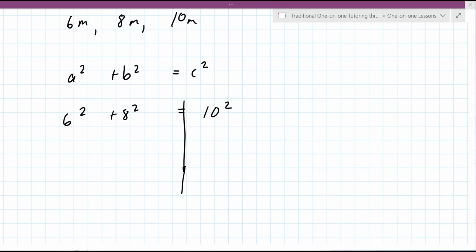What is 6 squared? 36. And 8 squared? 72. Try again. 64. Okay, and what is 36 plus 64? That is 100. And what is 10 squared? 100. Perfect, it's the same. So this one is a right triangle.